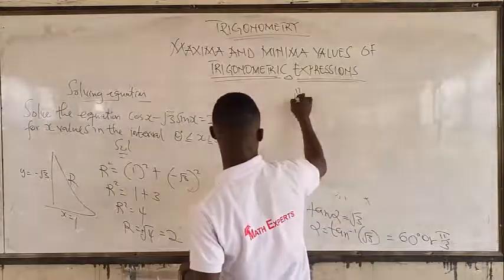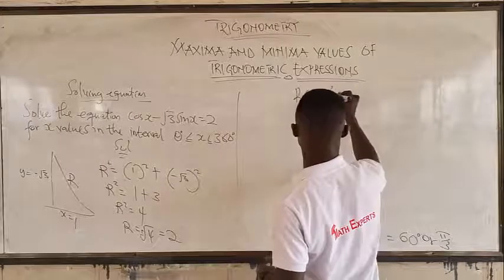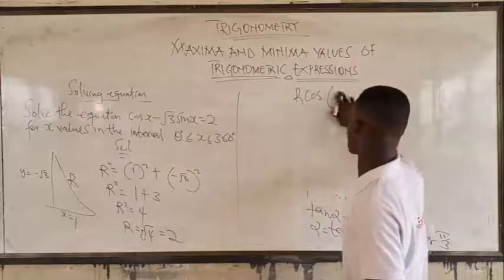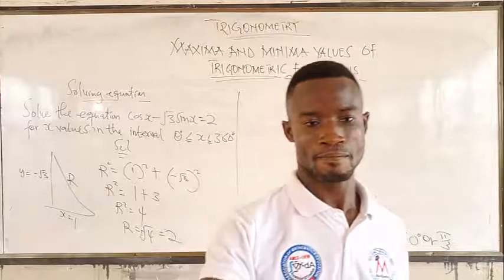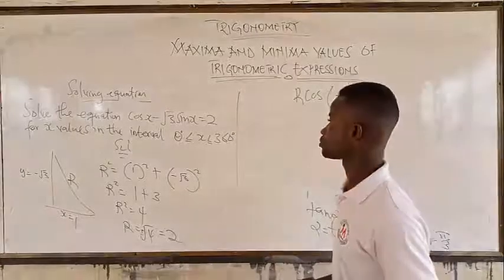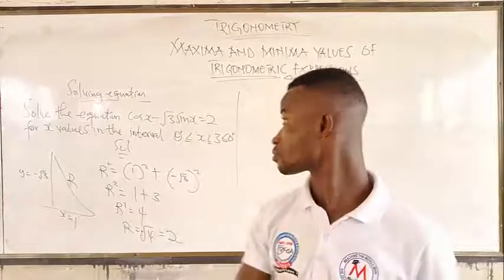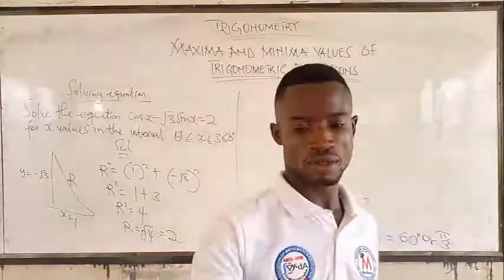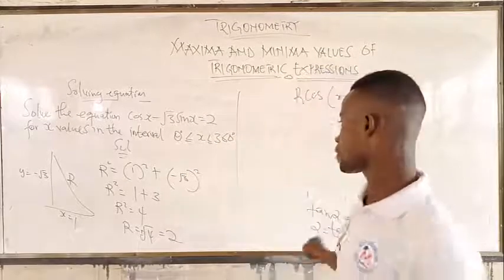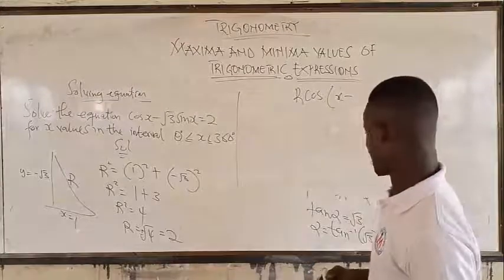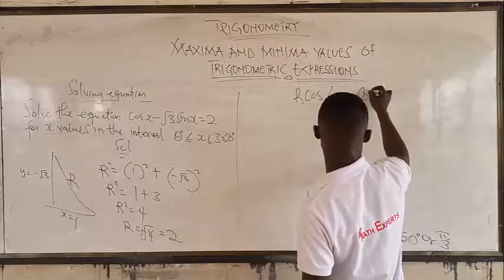We are now going to write it in the form r cos (x minus alpha), where alpha is less than 60 degrees.